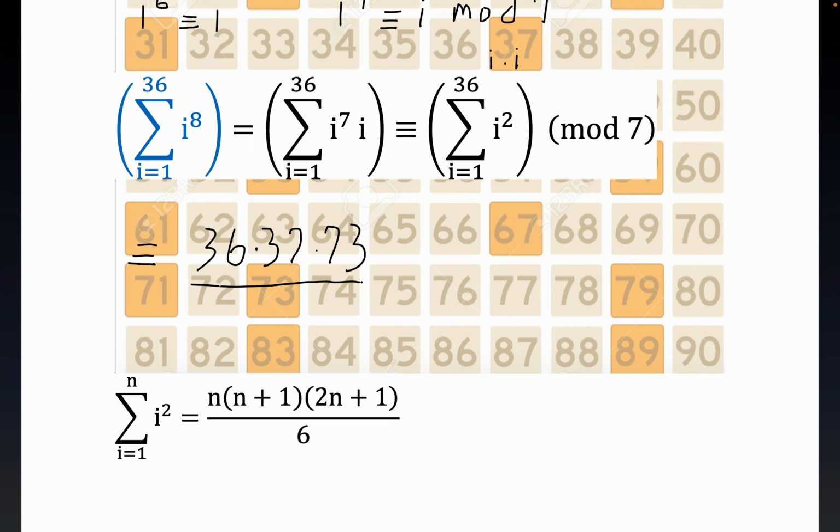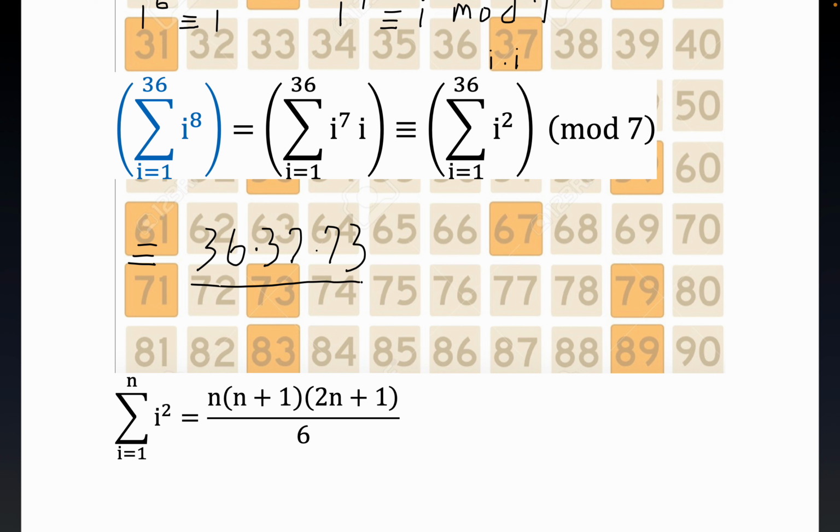Okay, but now we can switch back to congruence. 6 is already less than 7, right? But notice this would be congruent to 6 times whatever remainder you get when you divide 7 into 37. Well, 37 is 5 times 7 plus 2, so you would have times 2 here.